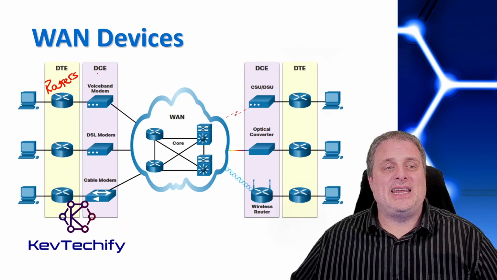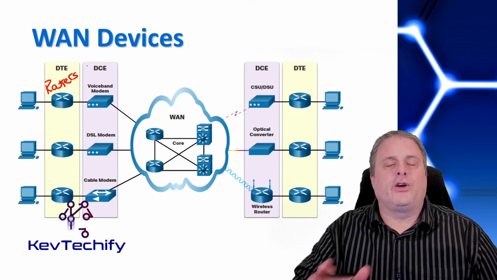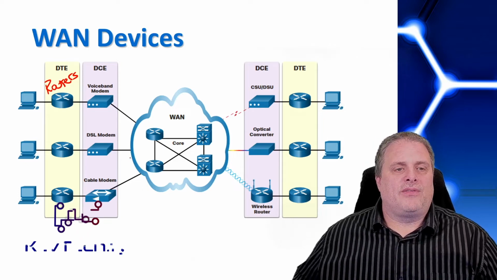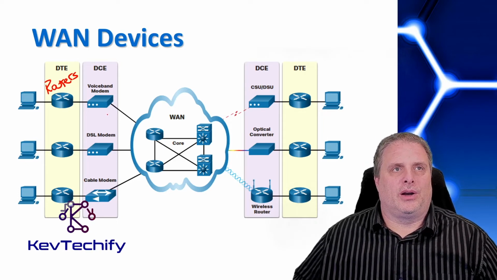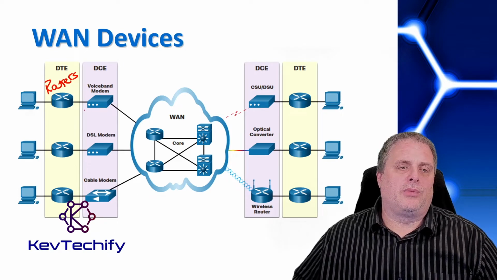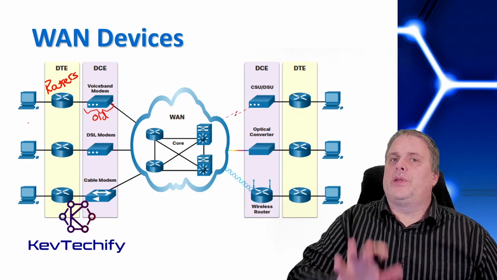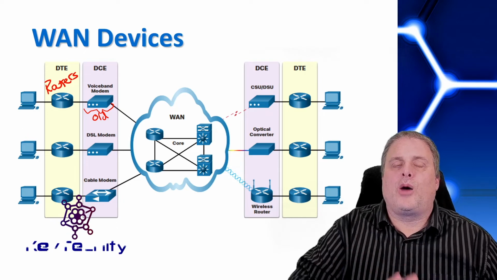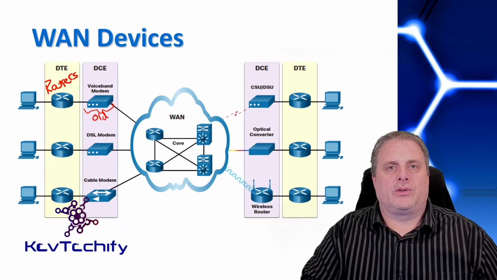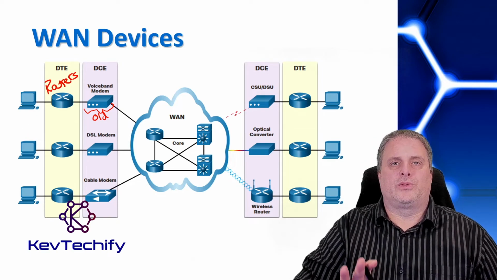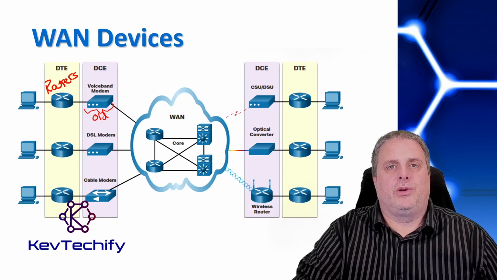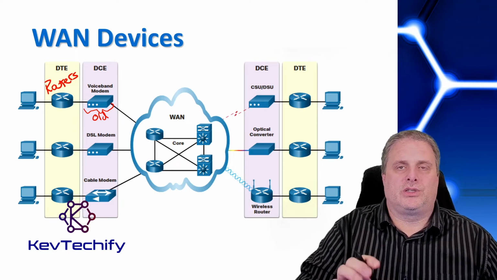Now these DCEs could be several different things. We could have a voice band modem here. I'm really hoping your companies don't use this anymore. This is old. Those are the old dial-up modems. I do know that they are used in a couple places still, especially in a remote office where you have maybe the auxiliary port configured on your routers or something like that.